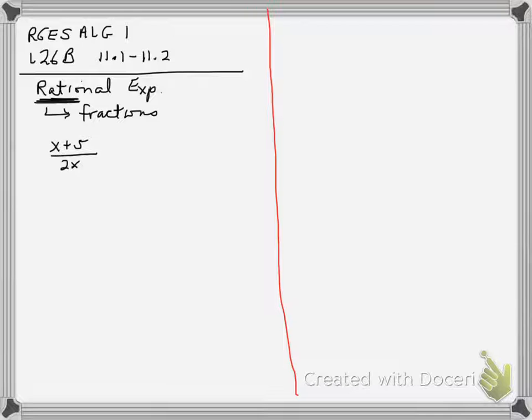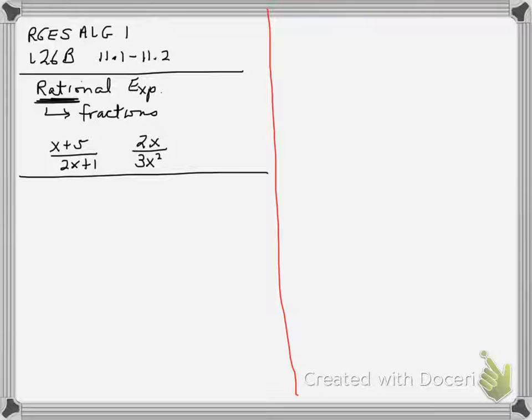Or actually a polynomial in the numerator with 1 in the denominator, we could have that also. In other words, if I had 2x over 3x squared, that could also be a rational expression. All right, now that's the topic.